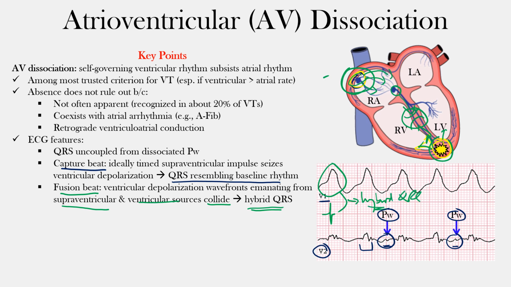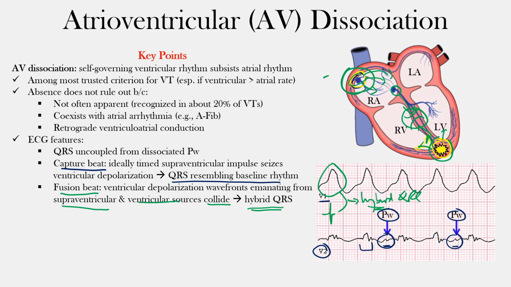Now, identification of AV dissociation can be quite challenging, as we've mentioned. In general, AV dissociation may be recognized in roughly one-fifth of ventricular tachycardias recorded on a 12-lead EKG. For many cases, VT will coexist with an atrial arrhythmia, such as atrial fibrillation, that lacks organized atrial depolarization, such as P waves.